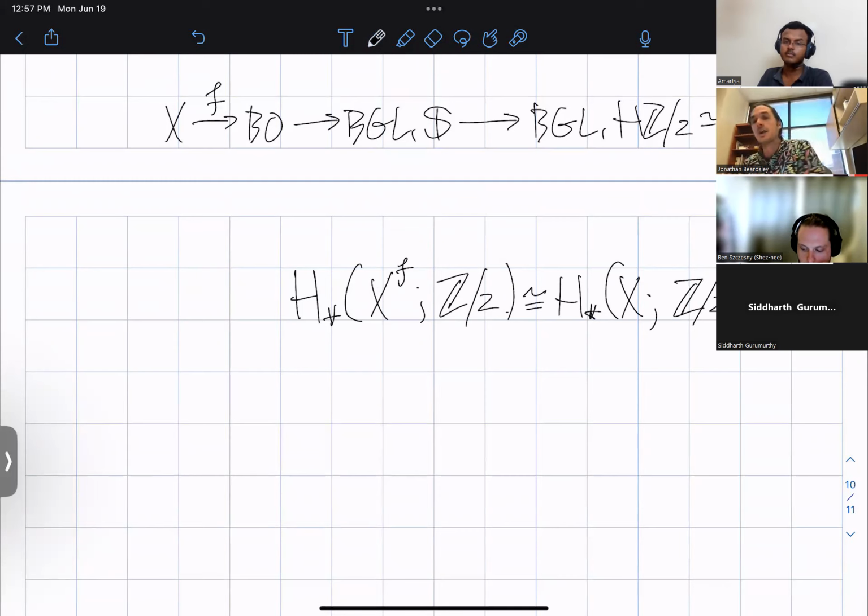So this is the unoriented Thom isomorphism. And in general, one thing that this tells you is that, for instance, every Thom spectrum over the sphere is HZ mod 2 oriented.